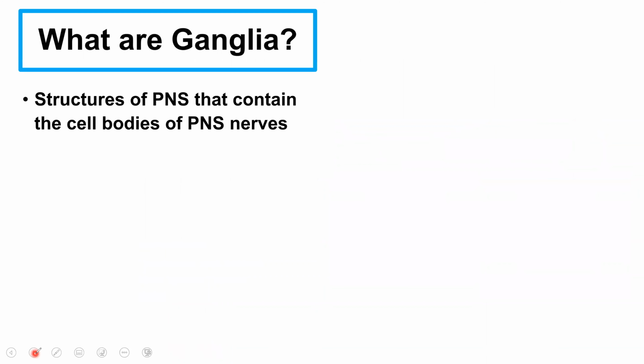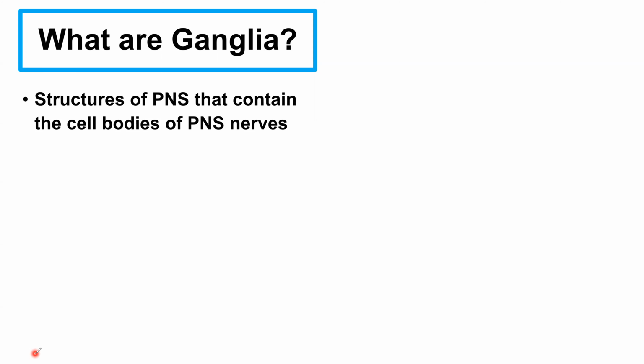All right, so the next thing that we're going to talk about are ganglia. And in the lecture last week on the spinal cord, we did see the word ganglia. So let's talk about what these ganglia are. Ganglia are just structures in the peripheral nervous system that contain the cell bodies of PNS nerves.